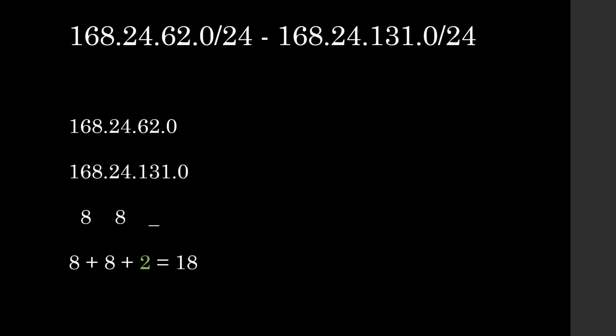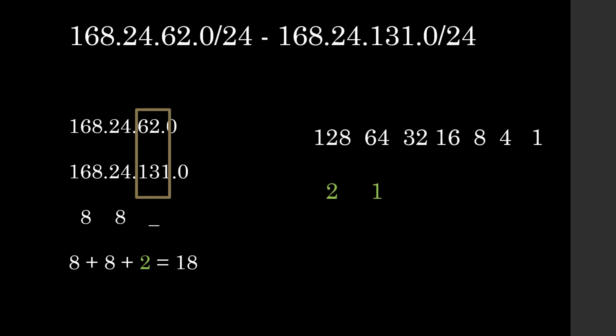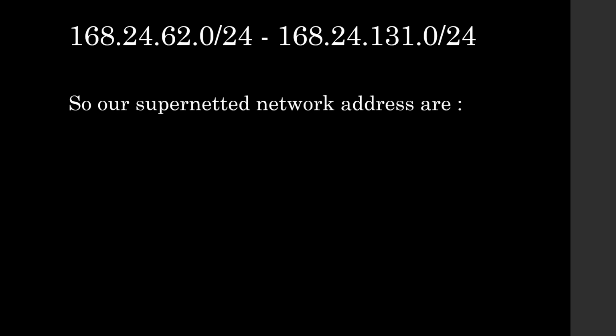So we have to determine the new subnet mask, from the third octet. It gives us 18 because 64 is the second number from the left, which gives us a new subnet mask of 18.